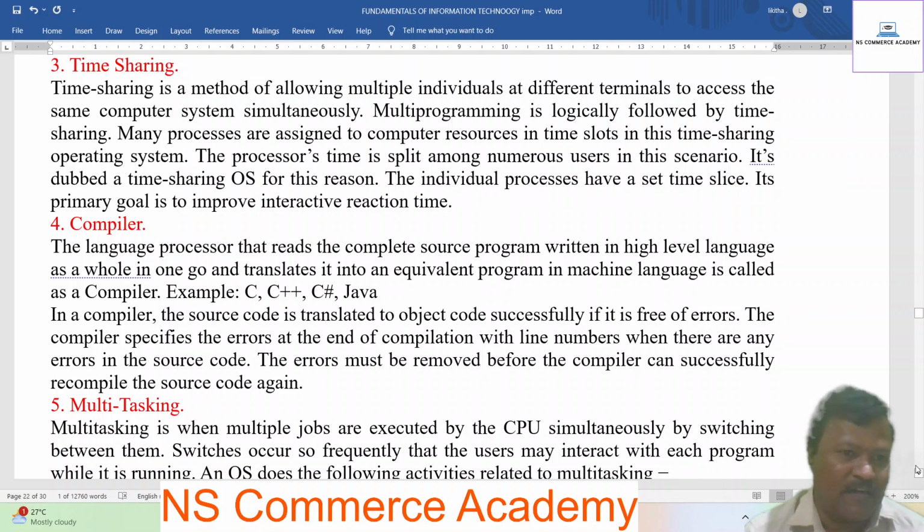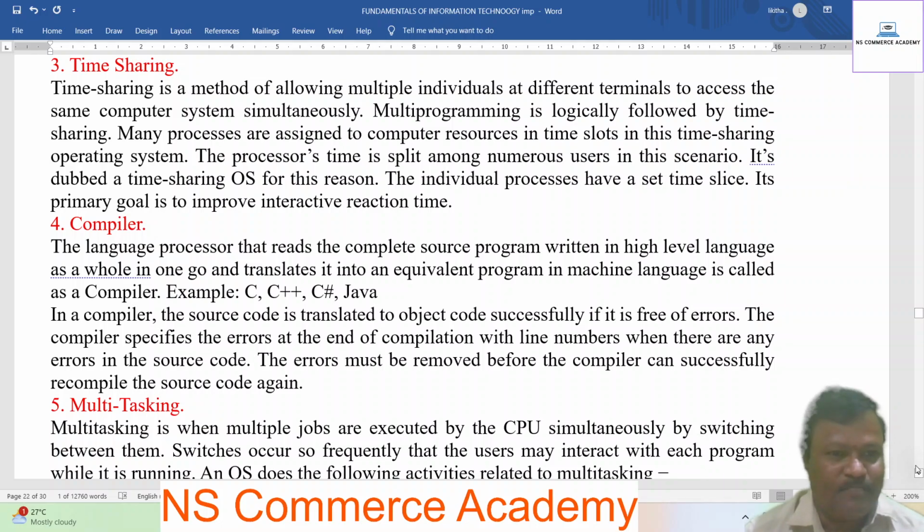Fourth question, compiler. The language processor that reads the complete source program written in a high-level language as a whole in one go and translates it to an equivalent program in machine language is called a compiler. Examples: C, C++, C#, and Java.